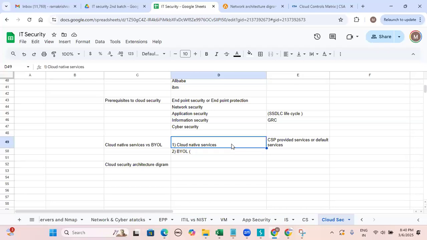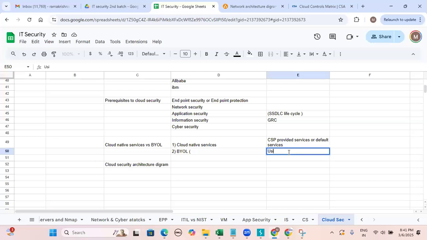Then finally, you can choose whether you want to go with BYOL, bring your own license, or the default services or native services provided by the cloud service provider. This is the way you do the evaluation or validation. This is one type of solution designing basically. Okay. So that is called bring your own license.